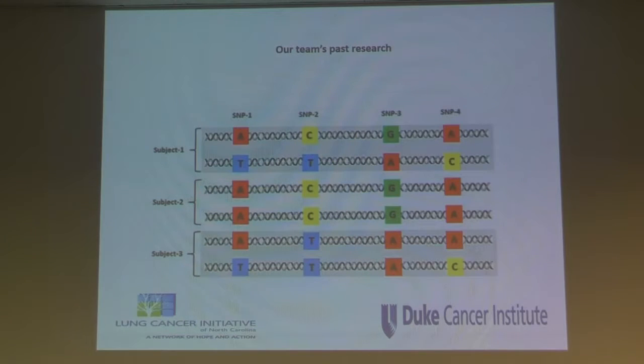And when we looked at that, we found that the DCAF4 gene, when it had these SNPs, these single nucleotide polymorphisms, having that SNP can potentially put folks at greater risk for lung cancer.